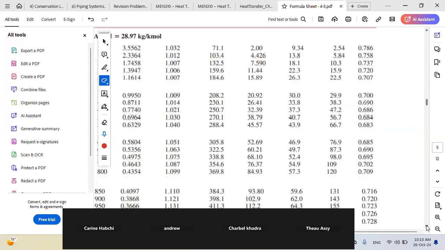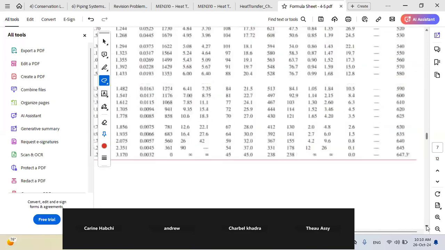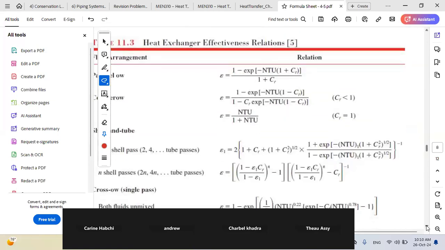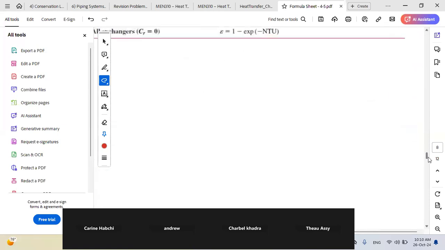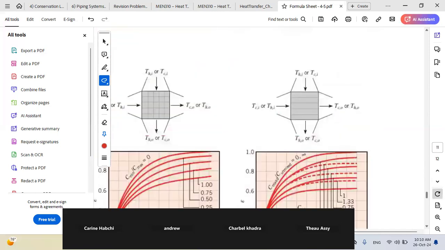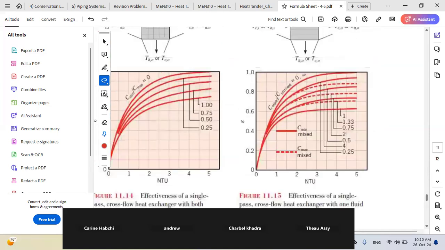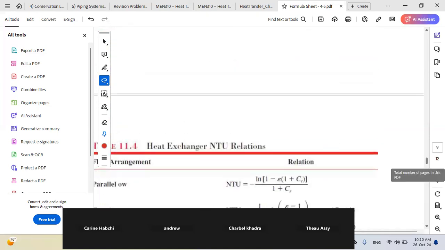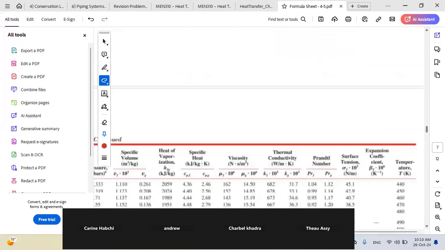We don't want this. Let me check if we have them here. If not, I will post them for you, okay?